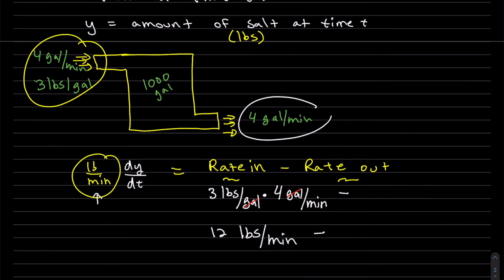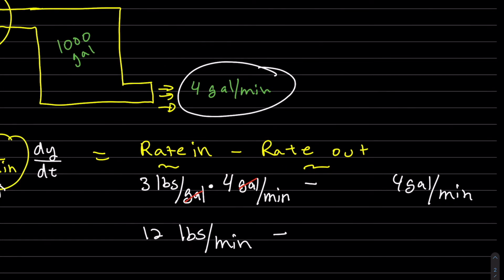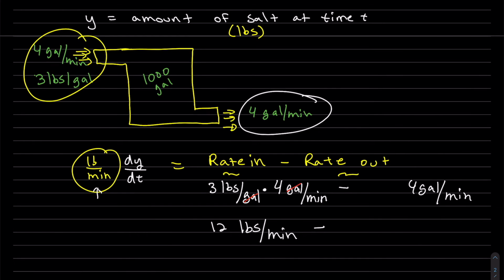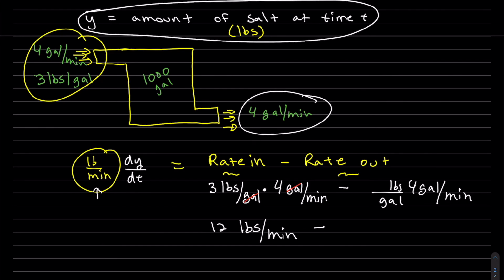Now let's figure out the rate out. We have our 4 gallons per minute, and we also need our pounds per gallon. How many pounds of salt do we have? Well, we don't know; y is the pounds of salt, so y goes on top.